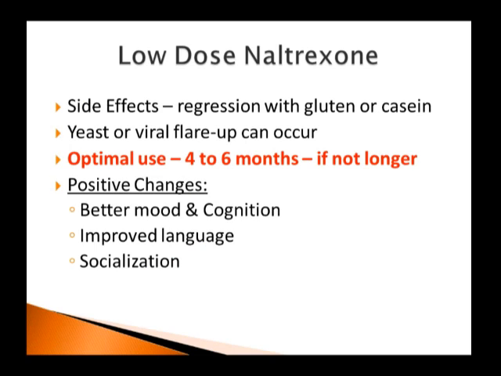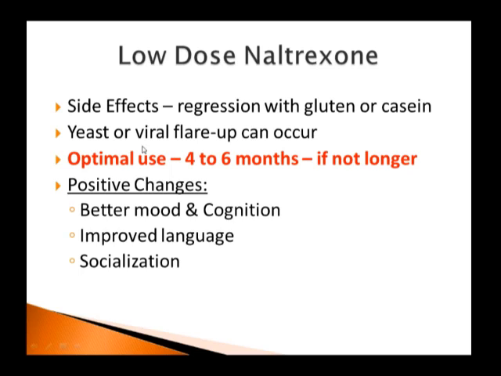The one thing that's important with respect to low-dose naltrexone for kids on the autism spectrum is they should be gluten and casein free at least 30 days before trying it.